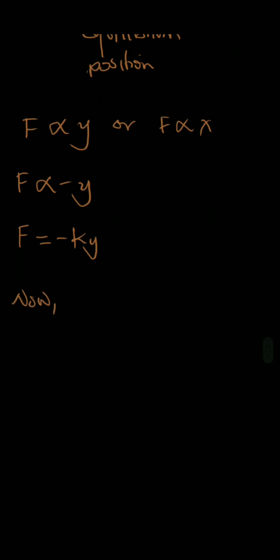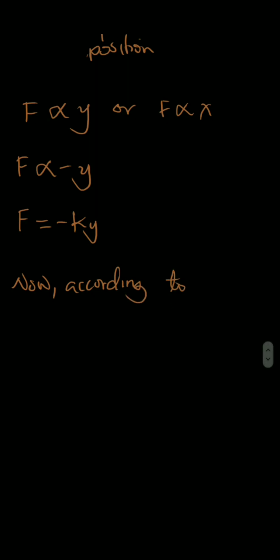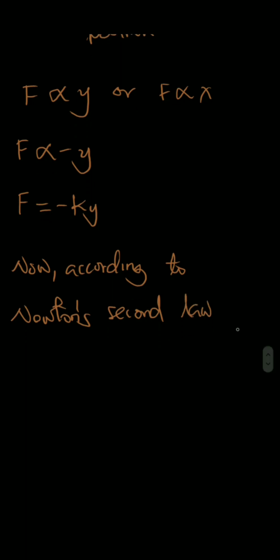Okay. So what we now do is apply Newton's second law of motion, where the force is simply the product of the mass and the acceleration. So upon applying Newton's second law, we yield the force to be the product of the mass and the acceleration.